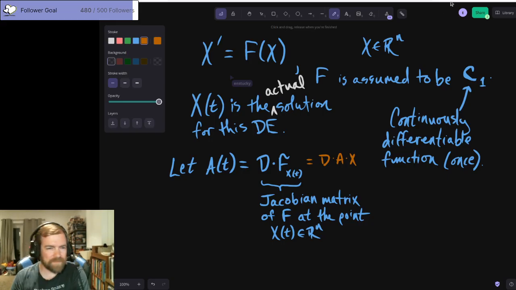All right, so this A from our previous notation was the derivative of the F matrix at our particular point, which is what you were describing.